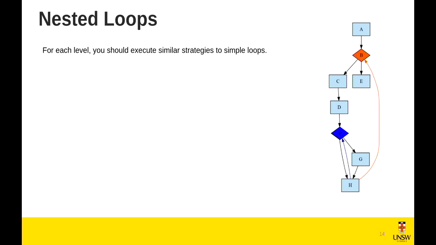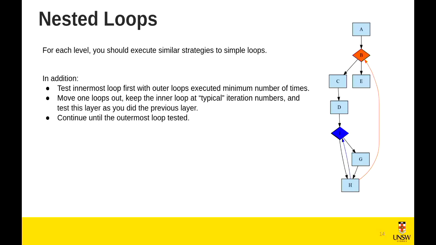So for each level of loop, we should use similar strategies as what we have done for simple loops. And in addition, we try to test the innermost loop first, while keeping the outer loop executed for the minimum number of times.